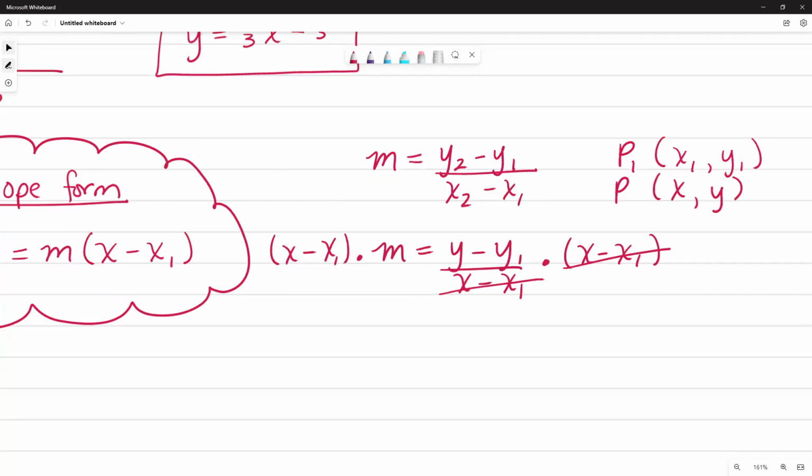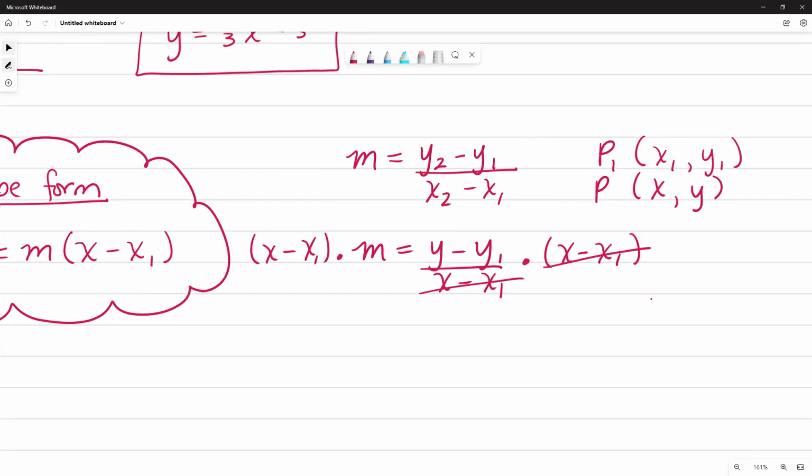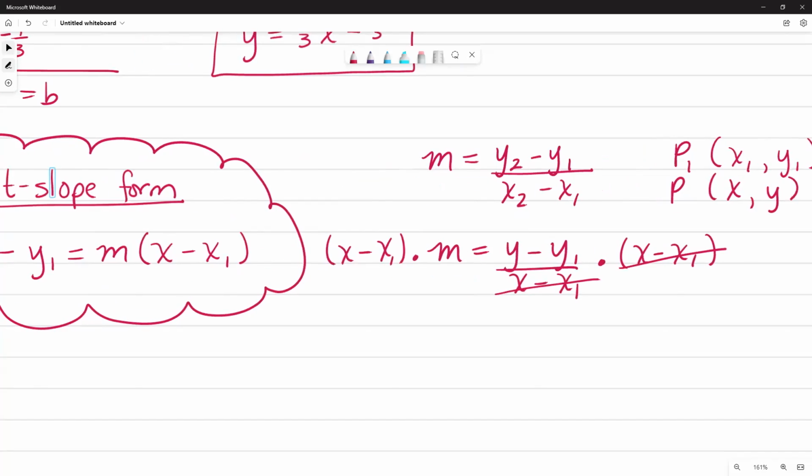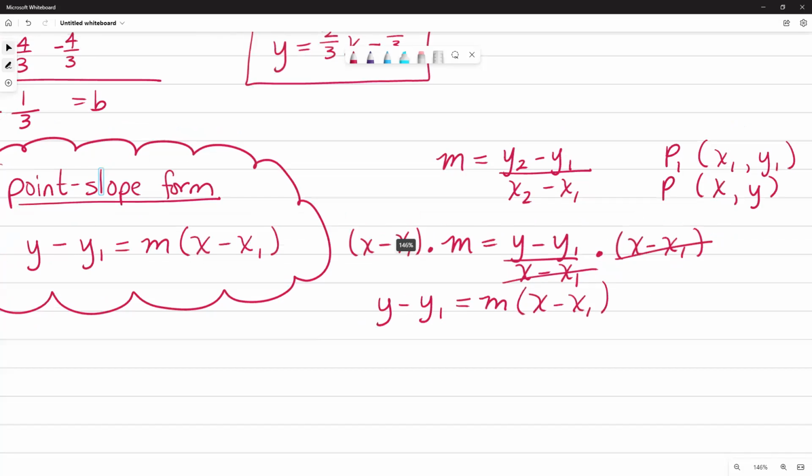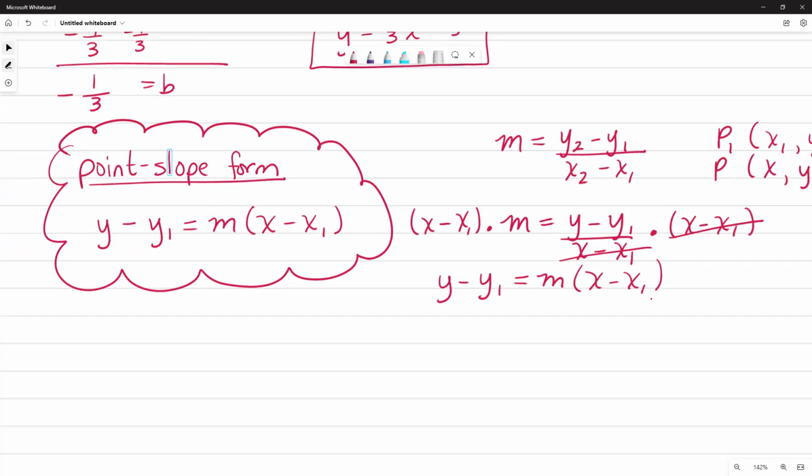And so then we end up with the point slope formula, which I'm going to write backwards, but it's the same thing. y minus y1 equals slope times x minus x1, with y1 and x1 being the given point that you're given in the problem. So for those of you that need to know where these formulas come from, that's where it comes from.